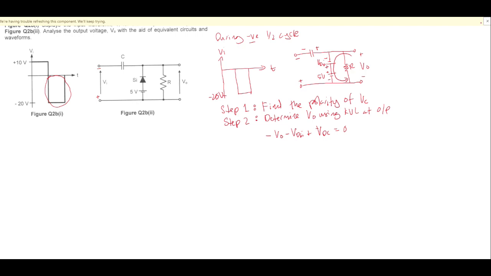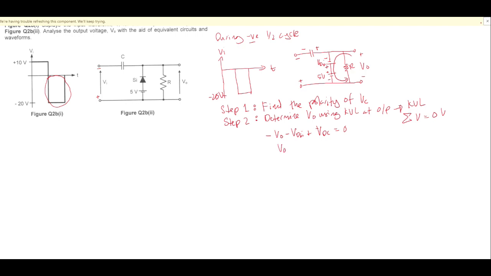You must remember that KVL says the total voltage in the loop is equal to 0 volt. In this output loop, you have Vout, a diode voltage, and a DC voltage of 5 volt. So now you can solve this equation.